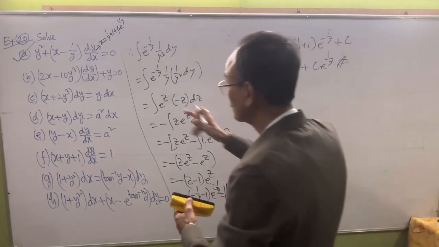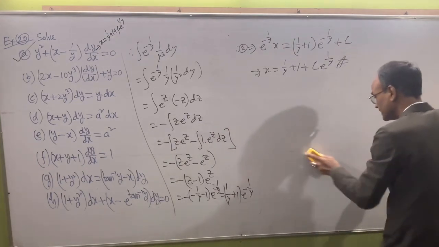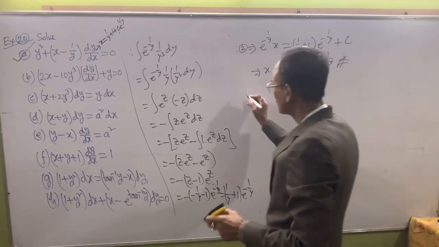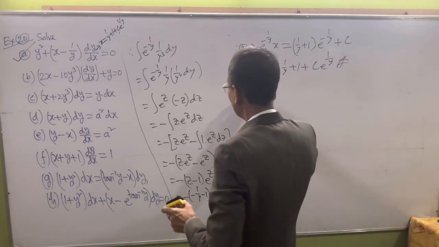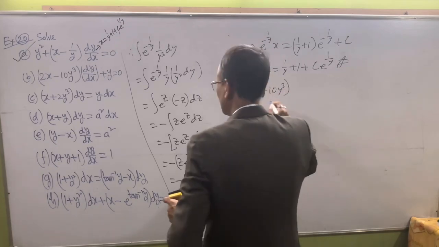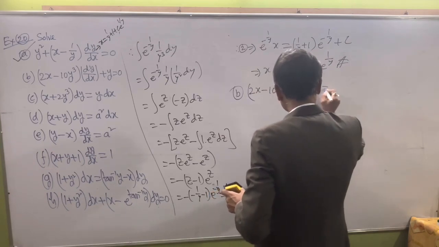Now, let us try to solve question number B. Suppose B: twice x minus 10 y cube dy by dx plus y equal to 0.